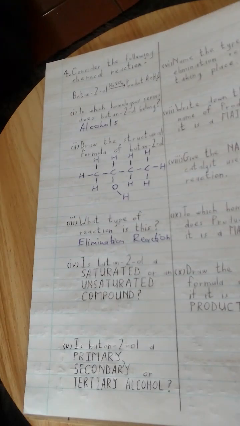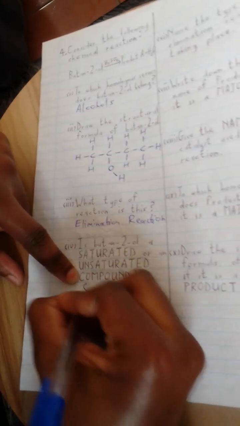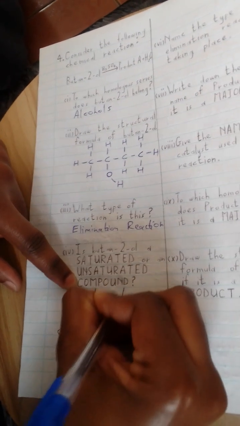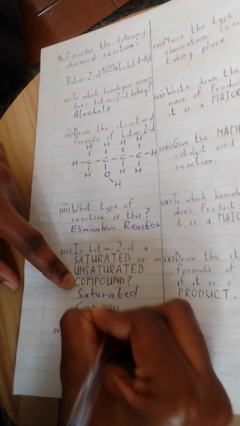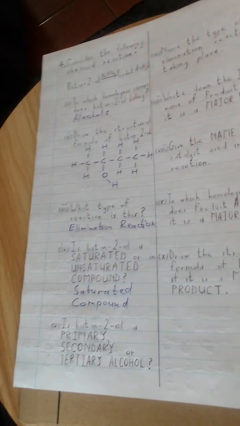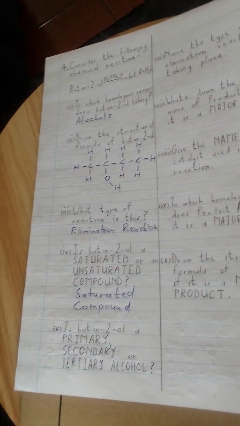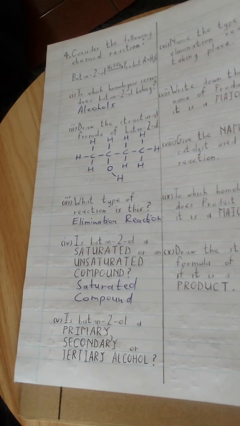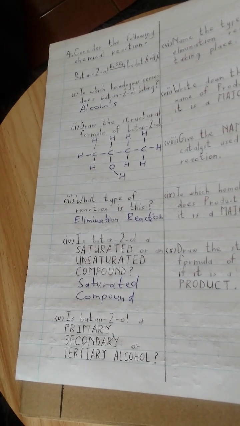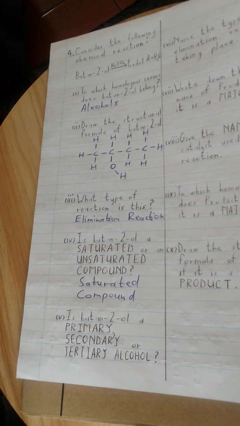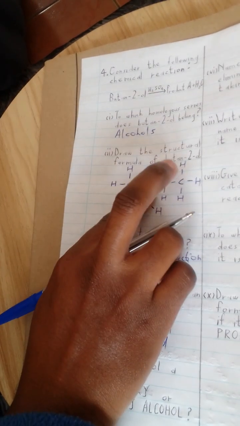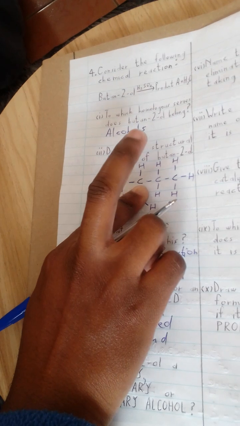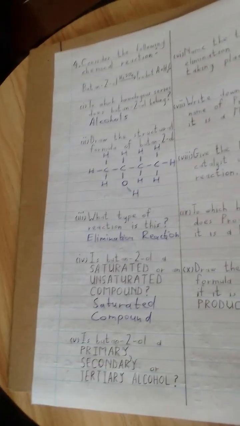As we can see, single bonds only, so it's a saturated compound. Roman numeral 5 asks, is butan-2-ol a primary, secondary, or tertiary alcohol? Where's the hydroxyl group attached? It's attached to this carbon, which is a secondary carbon atom. So butan-2-ol is a secondary alcohol.